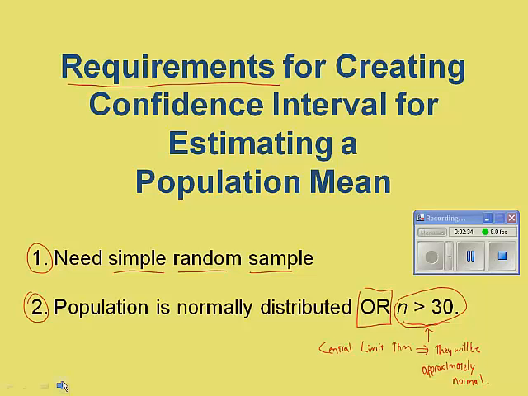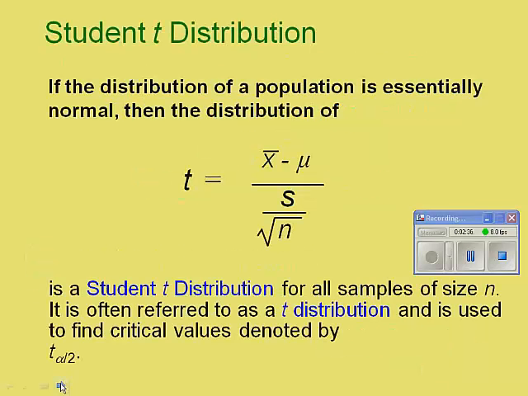Now, I need to talk about a new kind of distribution with you. And at first you're like, oh no. What kind of distributions have we studied so far? Normal, a probability distribution in general.